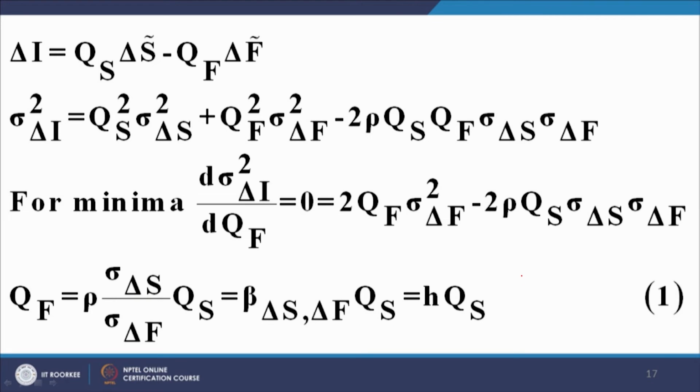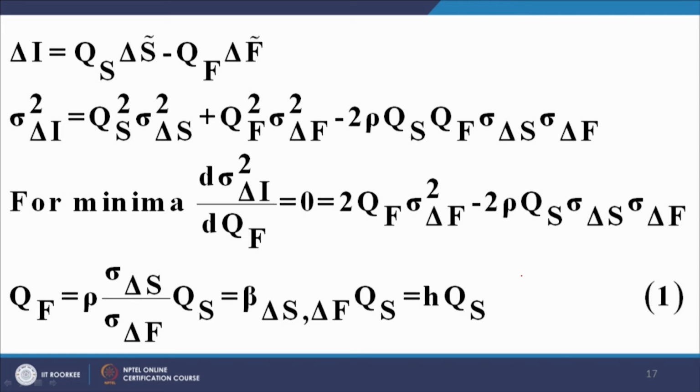Now, the change in the value of an investment between t equal to 0 and t equal to the hedge period, let us call it t equal to capital H, is given by delta I. Delta I is the change in value of the hedged assets. Please note, it is the change in value of the combination of the exposure and the hedge.